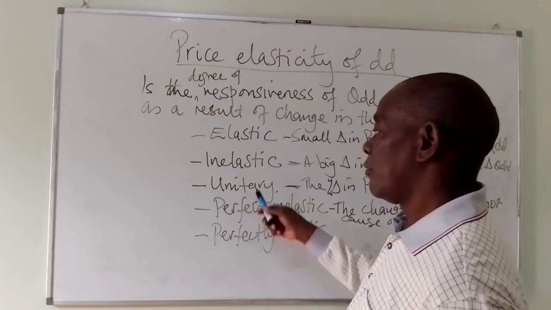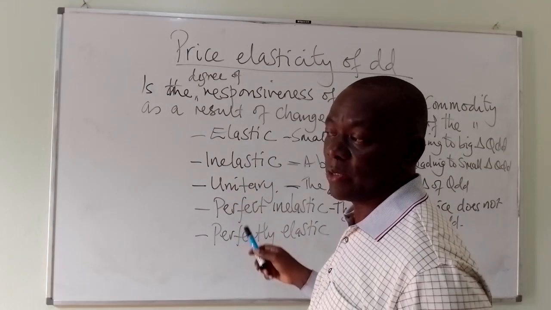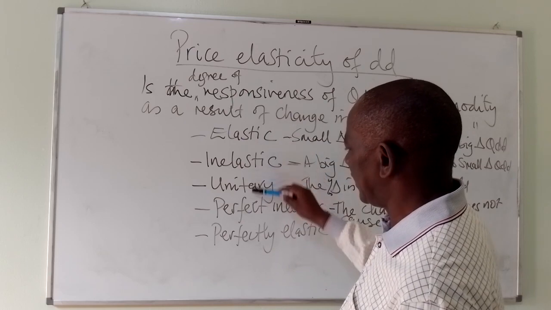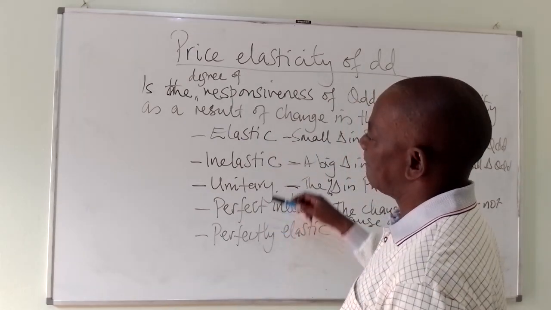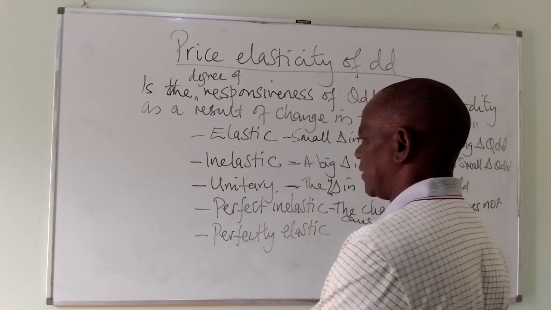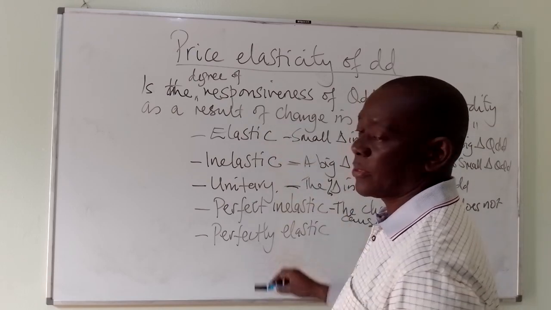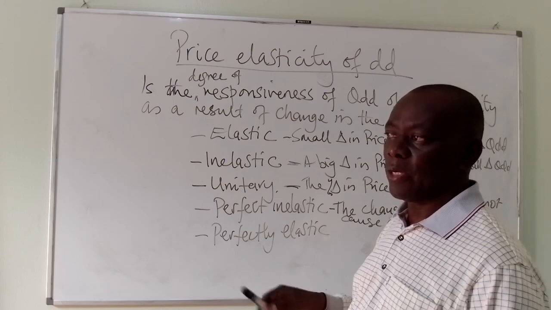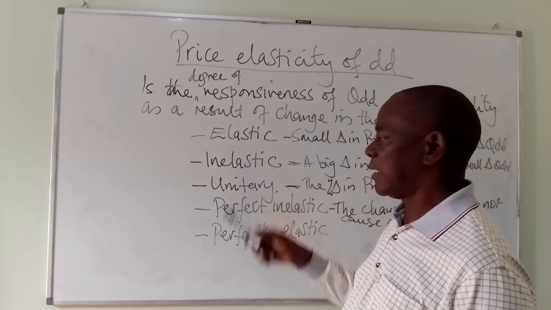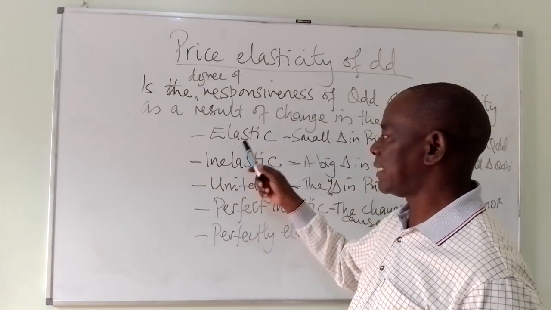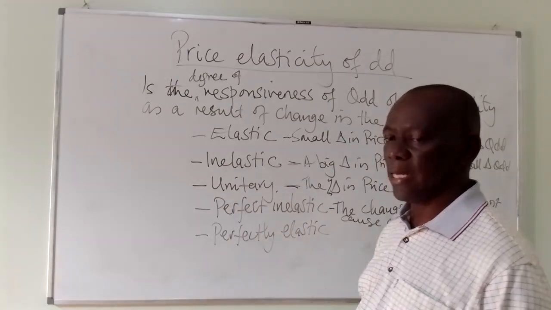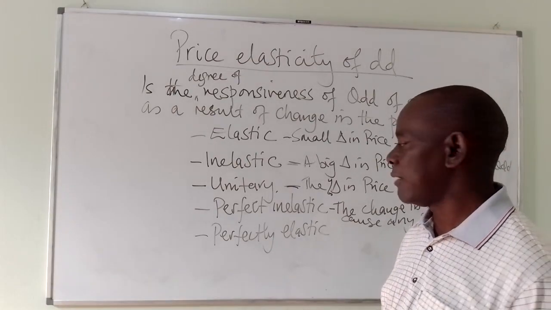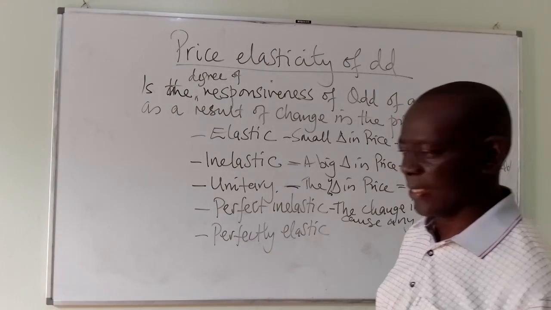That means it has perfect inelastic demand. And these ones, we shall conclude with this when we have finished calculating and we see the figures. So we are now defining these ones to know that this means this. But when we come to calculations, we shall put these ones in figures, so that when you calculate, you know which figure will give you a conclusion that this is elastic, that this is inelastic, that this is unitary, that this is perfectly inelastic, or this is perfectly elastic.